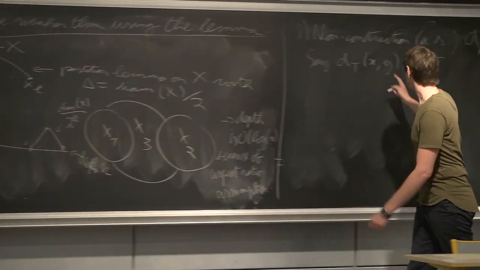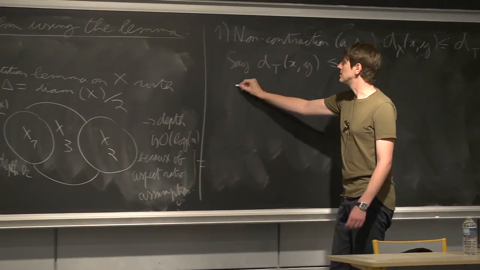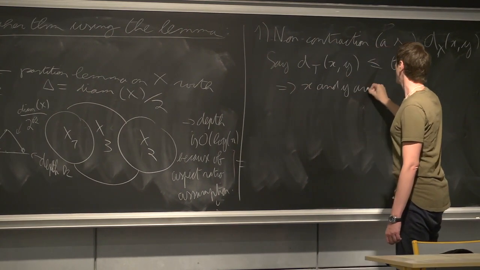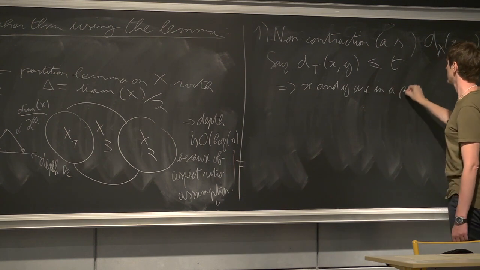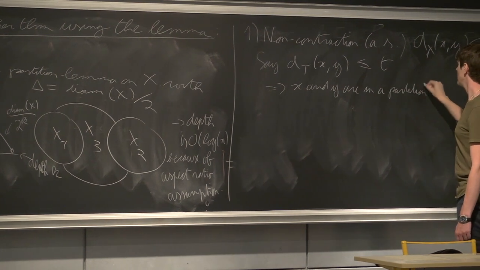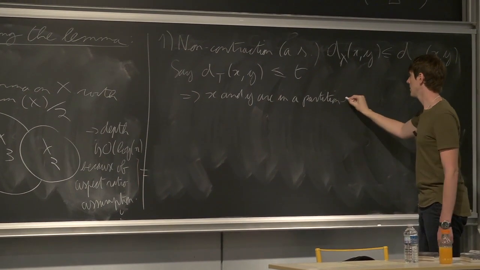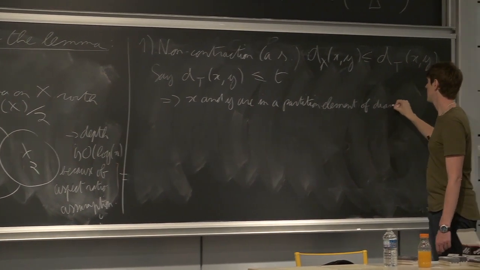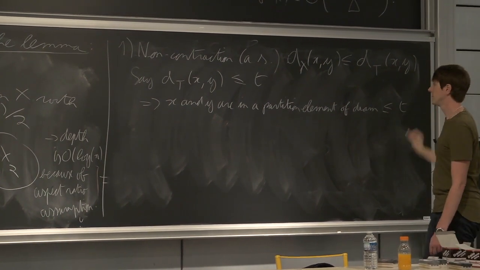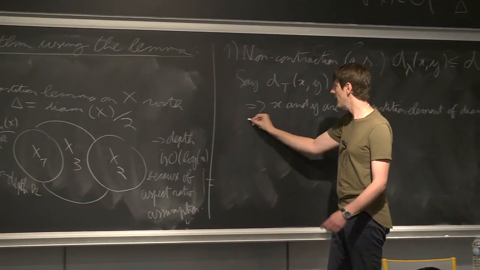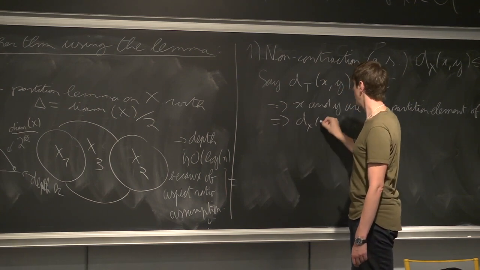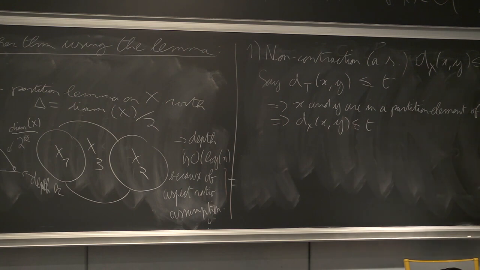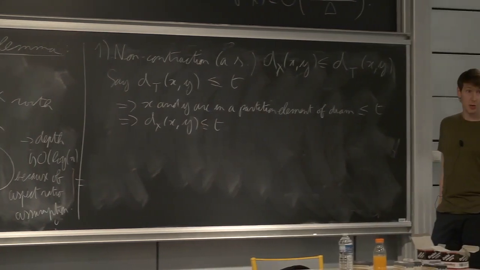Again, say that this distance is smaller than t. This implies that x and y are in a partition element at some level of diameter less than t, which implies that the distance between x and y is less than t. Right, this is the diameter in the original metric space.